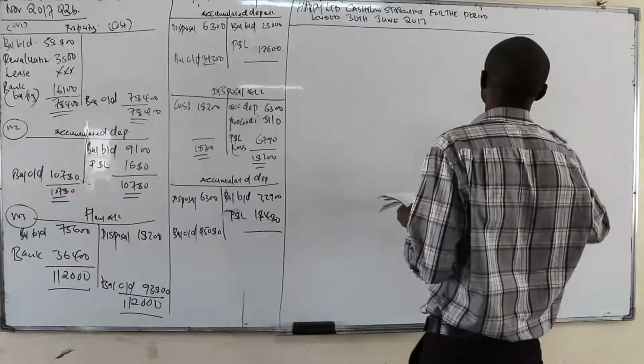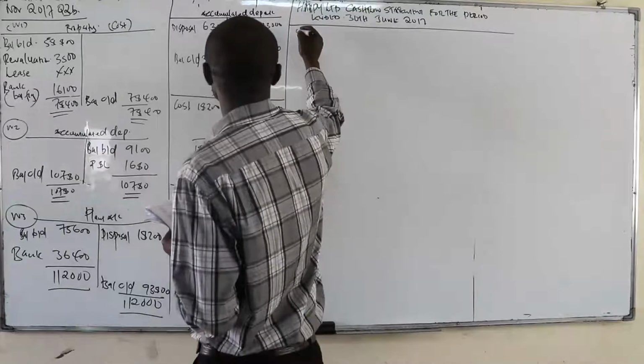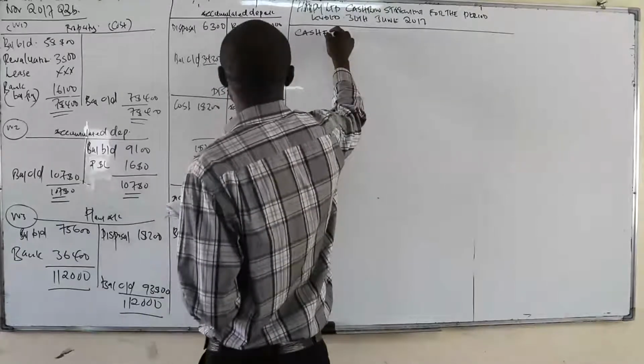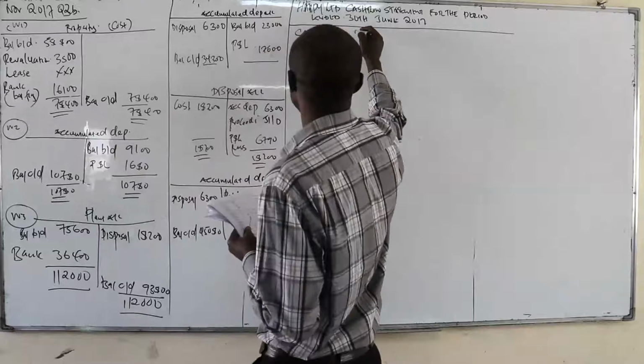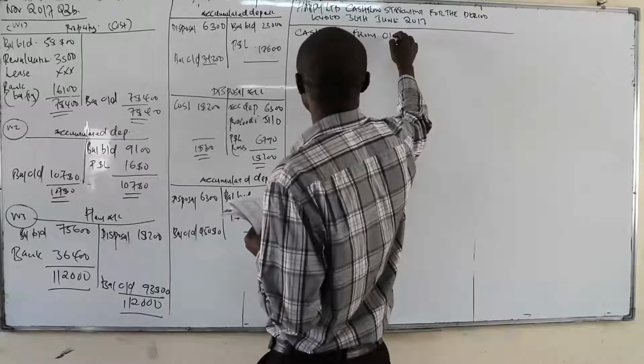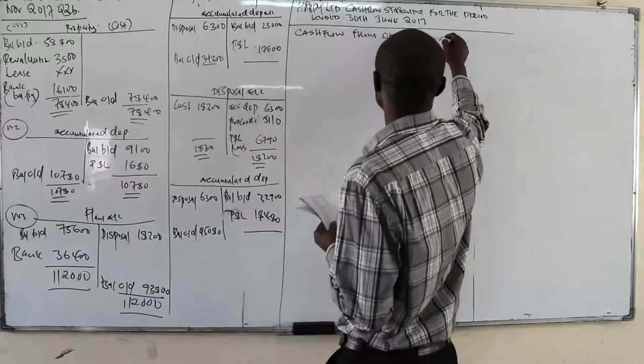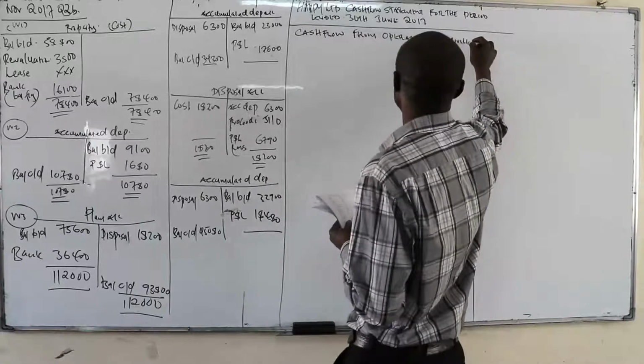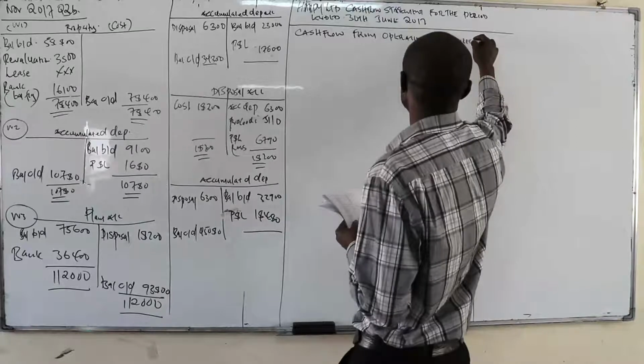So you start with the cash flow from operating activities. So you write here cash flow. This is the format, and this is cash flow from operating activities. And then you underline here.